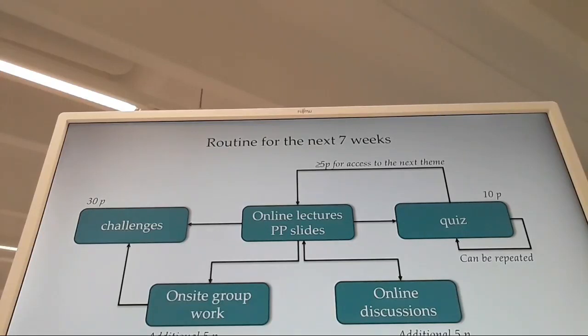So you have time to review the material a little bit and then you can take the quiz, and if you get 50% right, okay, you are ready to move on to the next subject. So this is kind of the routine for the next 7 weeks.